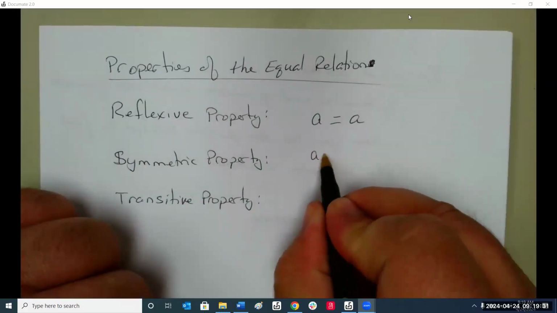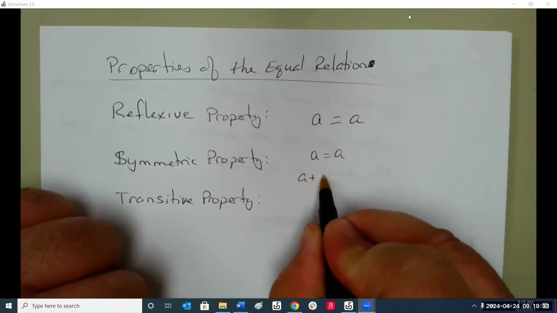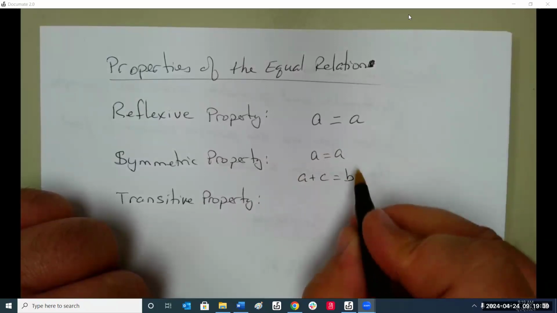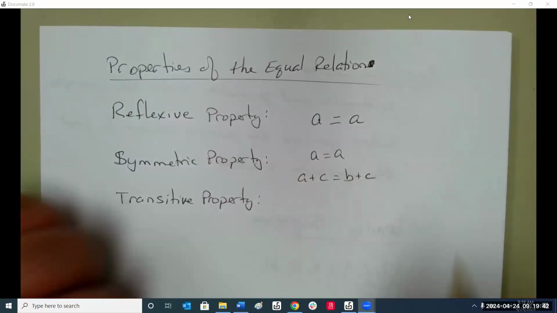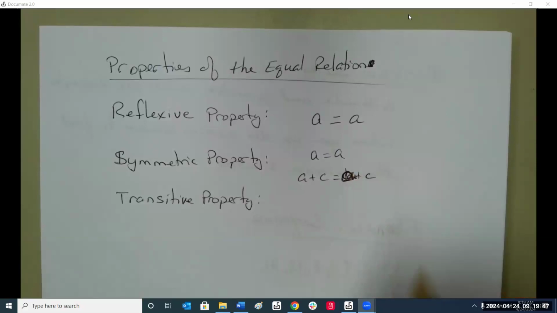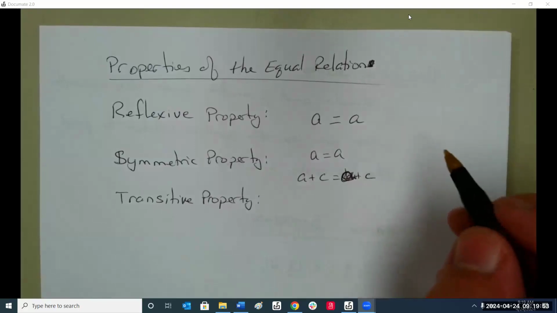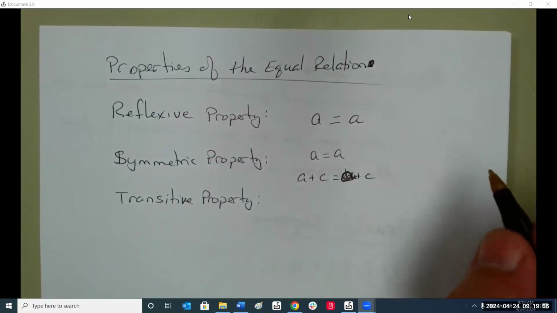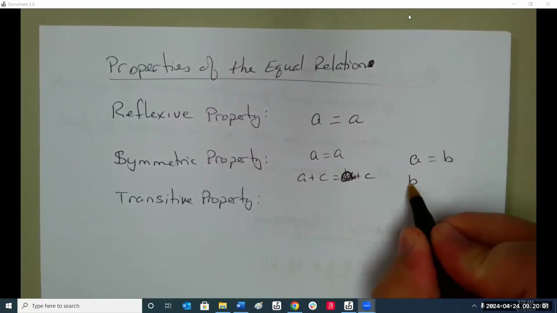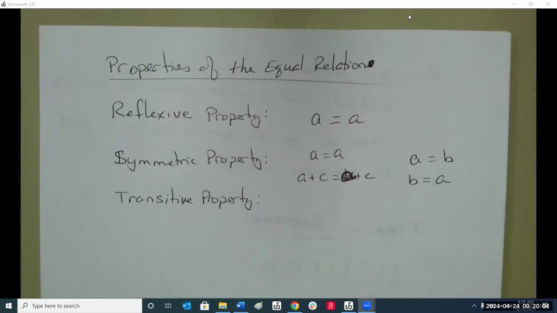If A equals B, then B equals A. No matter how we change it or arrange it, it's the same thing.